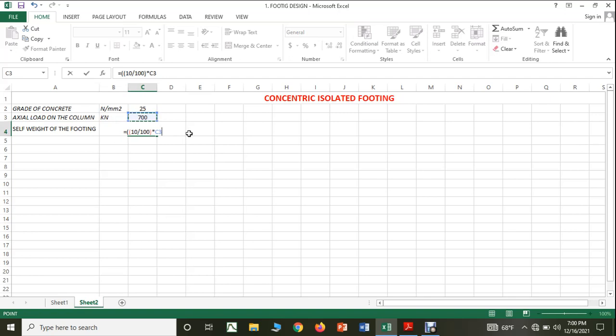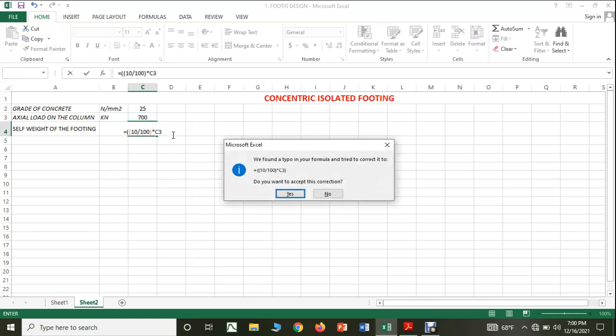That is C3. Then I have to close one more bracket. Once all the brackets are closed, it will work, otherwise it will show an error, because you have opened two brackets but have not closed the other.